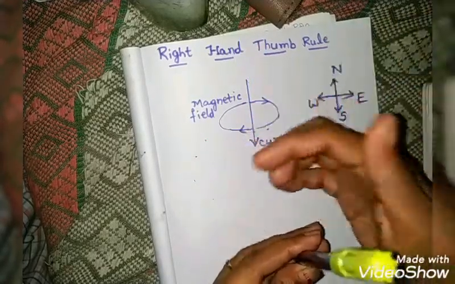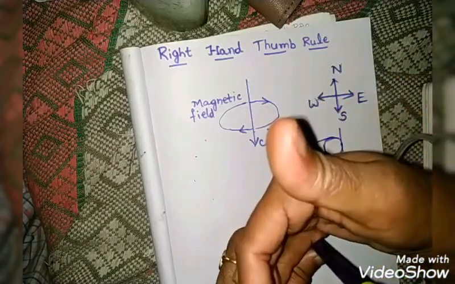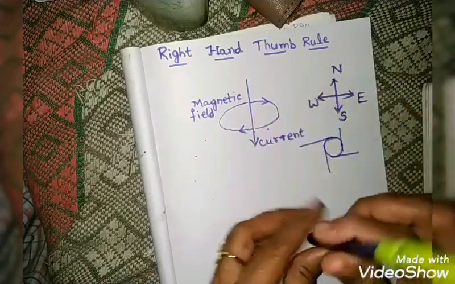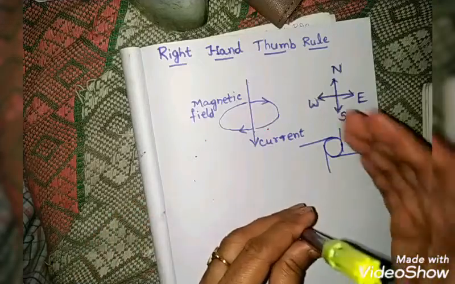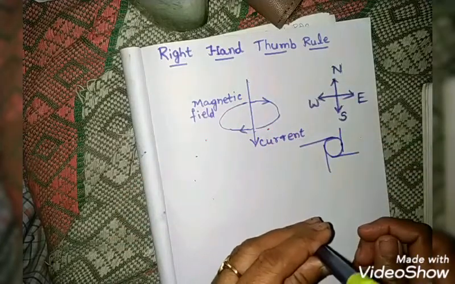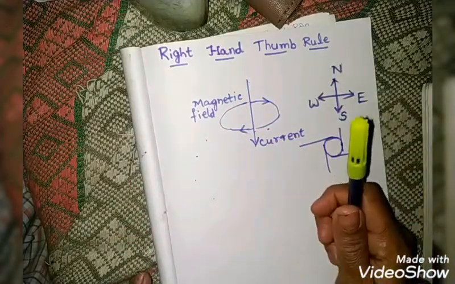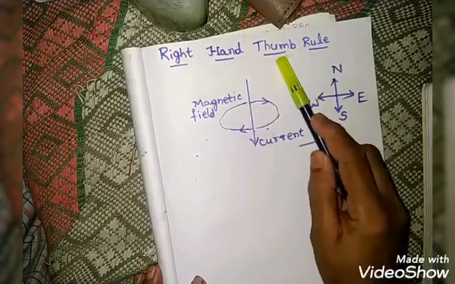In this direction, so it is in this direction means westwards. See here at this point, no? So in this direction. So if you draw a tangent there, you will see. So in this way we have to find out the direction of the magnetic field using right hand thumb rule.